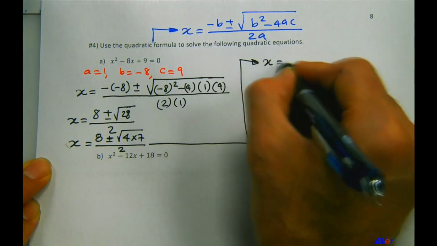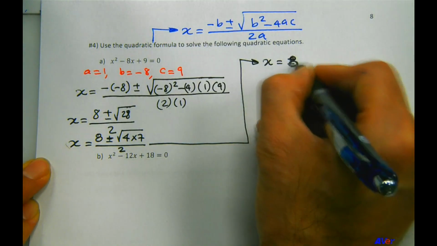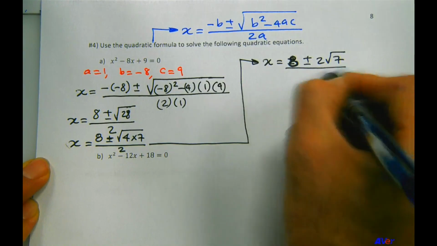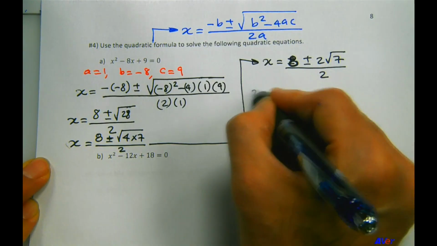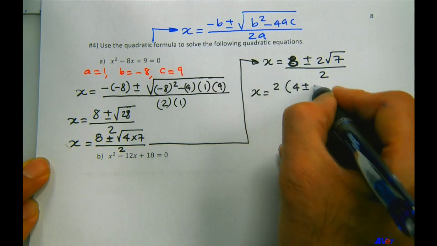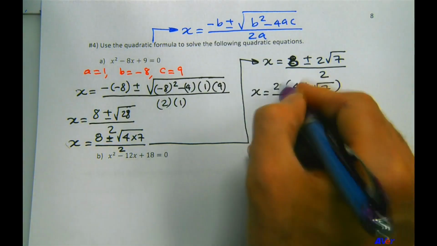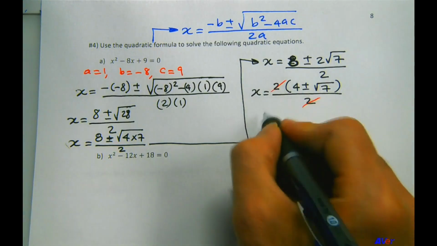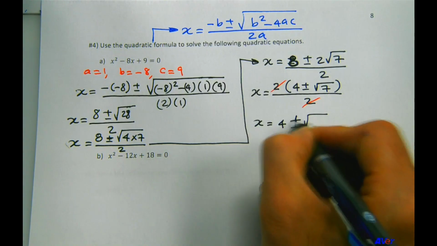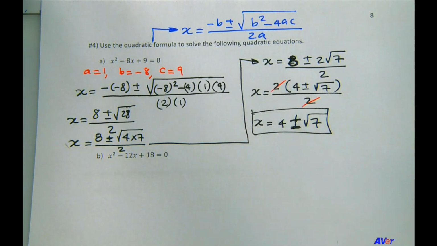So we end up with x equals 8 plus or minus 2 square root of 7 divided by 2. 2 can get factored out. So we can factor that out, times 4 plus or minus square root of 7 divided by 2, right? Then 2 and 2 cancel out, and we end up with x equals 4 plus or minus square root of 7. Okay, so that's that.